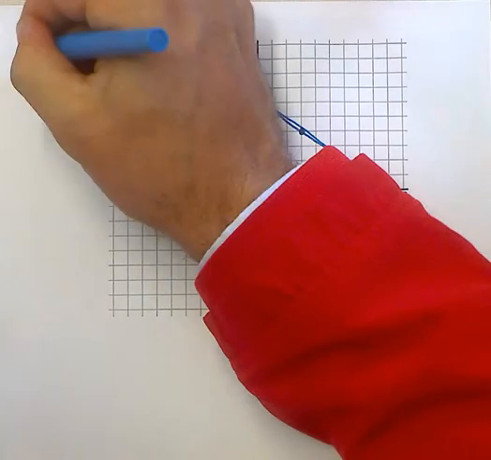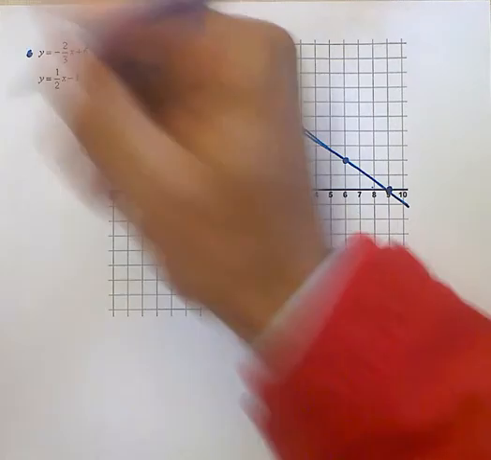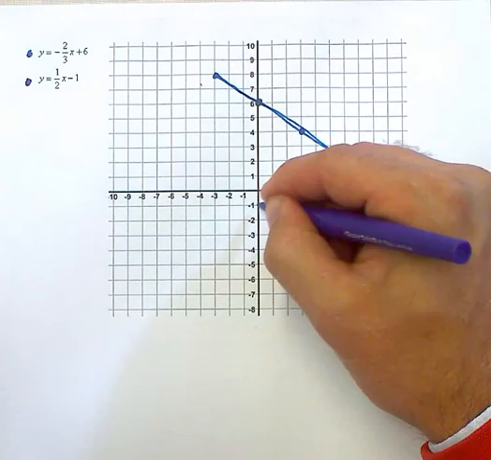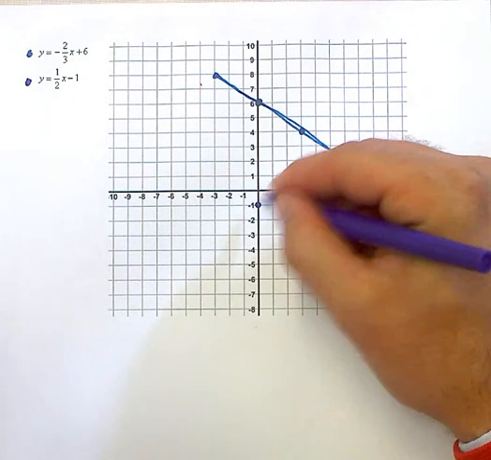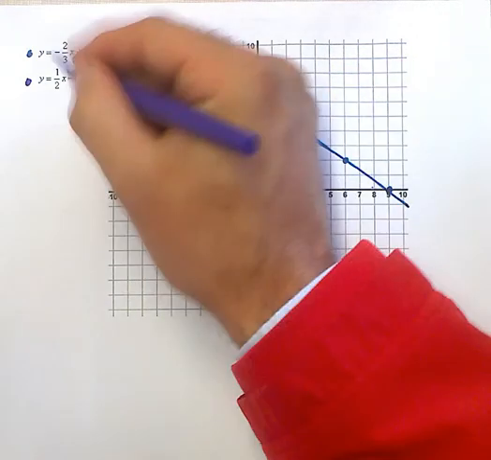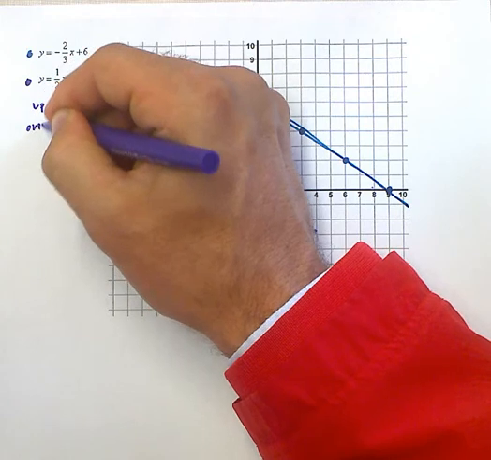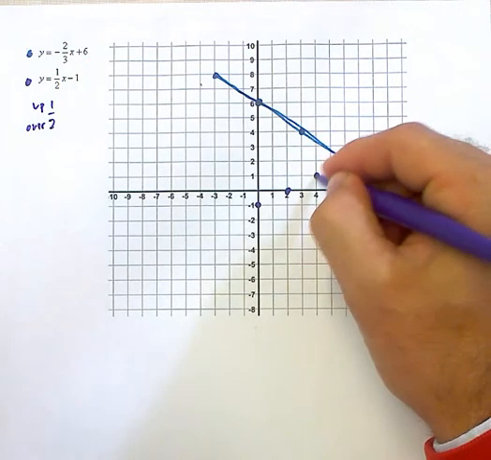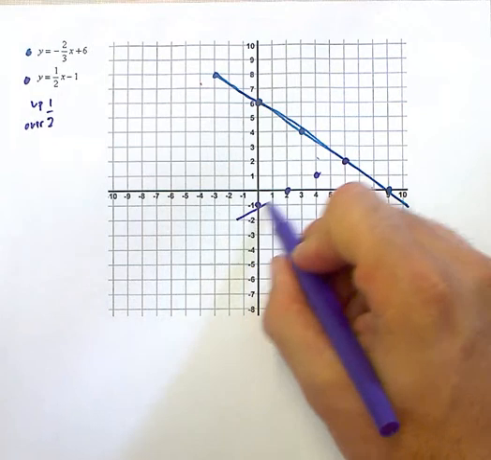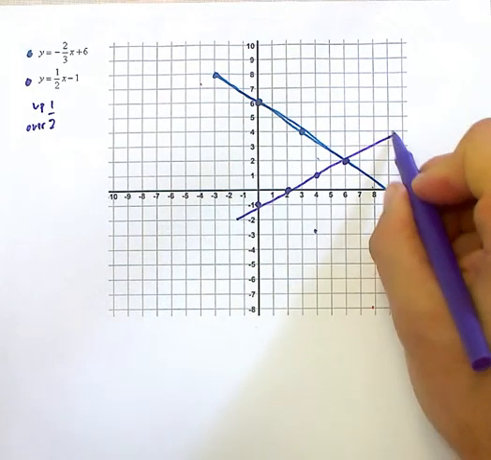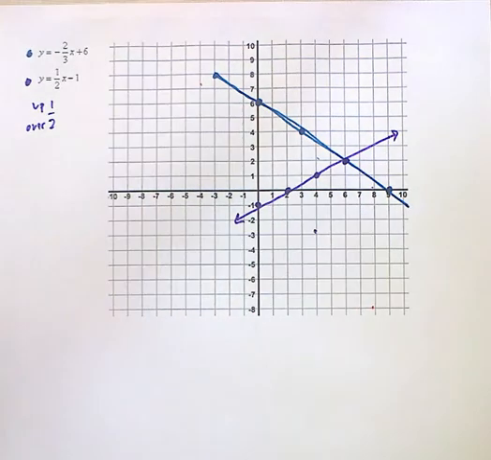This is in blue. Let's do this one in purple. I'm starting at negative 1. I'm going up 1 over 2, right? Here's my slope, 1 over 2. Up 1 over 2, up 1 over 2, and here I've identified another spot in which I have an intersection.